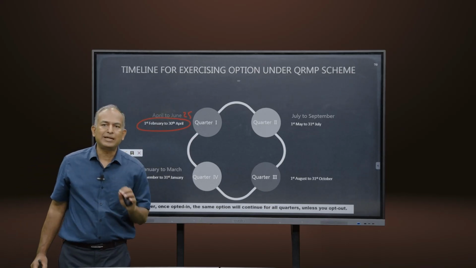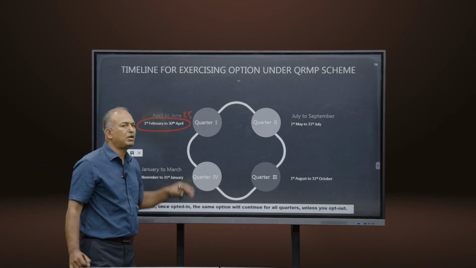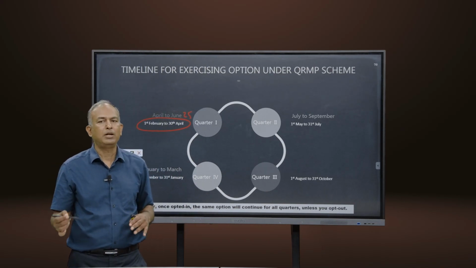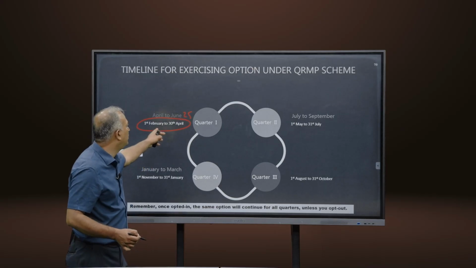If he exercises the option that from quarter 1 onwards he wants to shift into the quarterly return, monthly payment scheme, then he has to do it within this particular date.